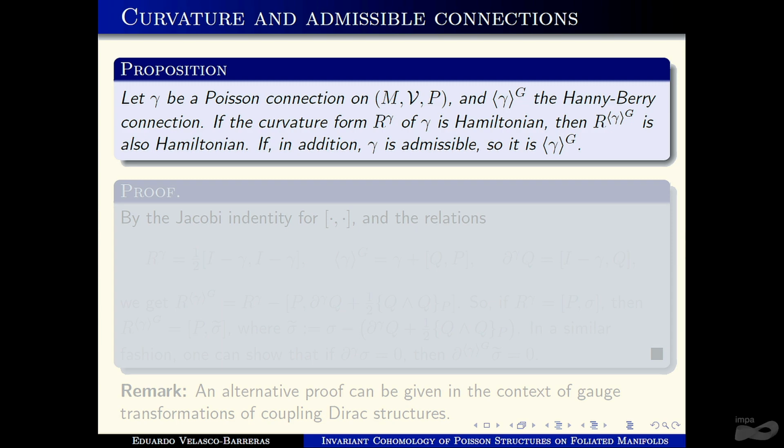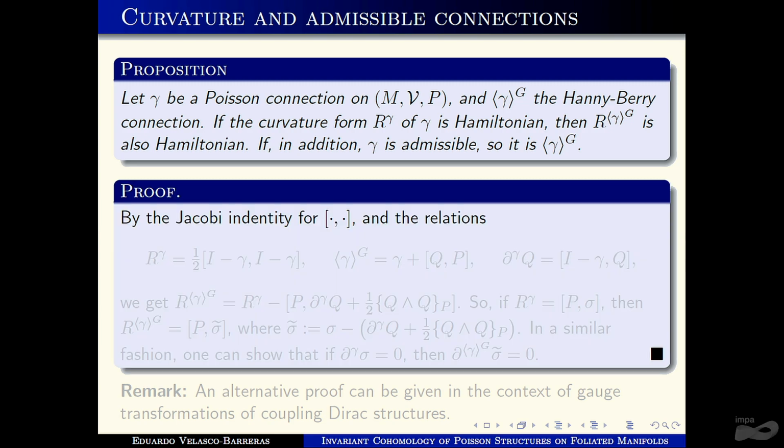And the proof is very straightforward by using the Jacobi identity of this bracket. We use this relation for the curvature, this relation between the connection and the Hannay-Berry connection, and the description of the covariant derivative in terms of the bracket. And by straightforward computations, we obtain this relation.